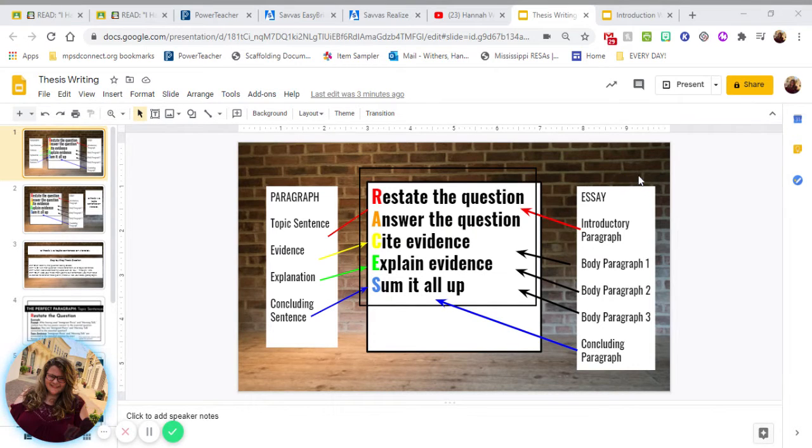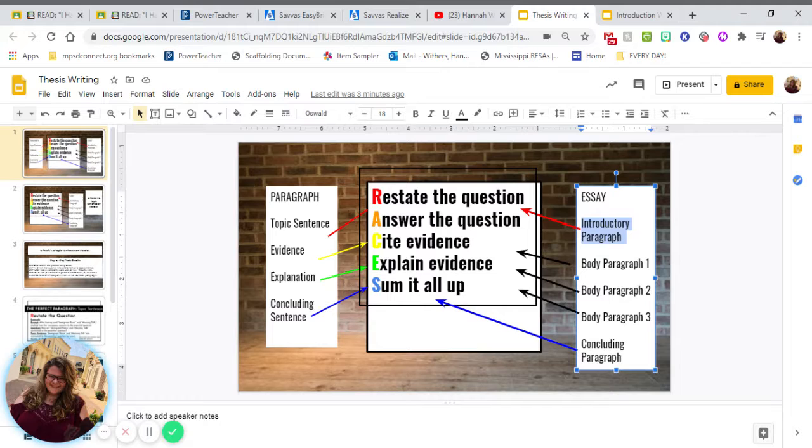Now we're moving on into essays. That's our next step. And our introductory paragraph, that's what we talked about Friday and then again Monday. That's our R and our A. Again, that's our restate and our answer. Our body paragraphs are going to be all of this, right?